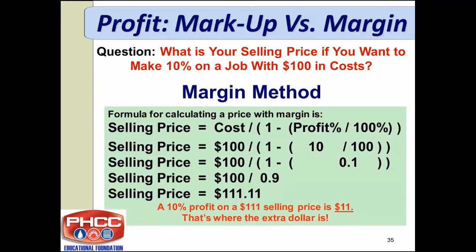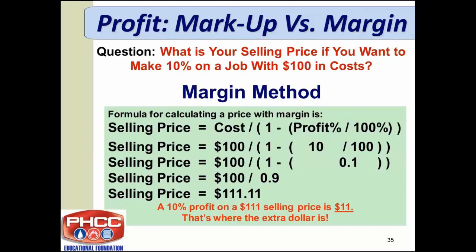Your selling price is equal to $100 in this case, divided by 1 minus the 10% that we want to make divided by 100%. 10% divided by 100%, that's 0.1. 1 minus 0.1 gives us that 0.9.